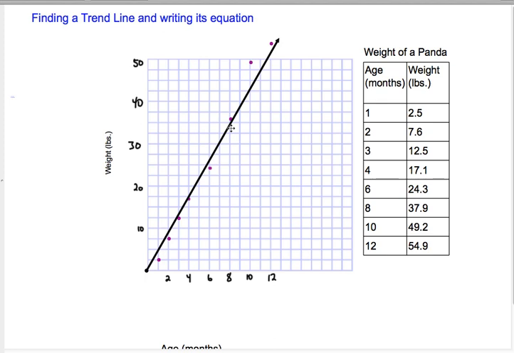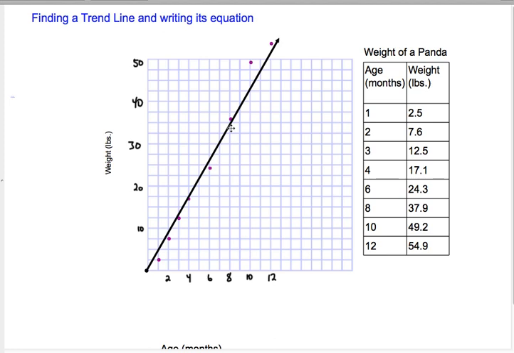And what we can use a trend line to do is to make a guess about other ages. So we can guess, although we don't have the weight of this particular panda at 7 months, we could guess based on the trend line what its weight is. When you guess about something in between two values that you know, it's called interpolation.